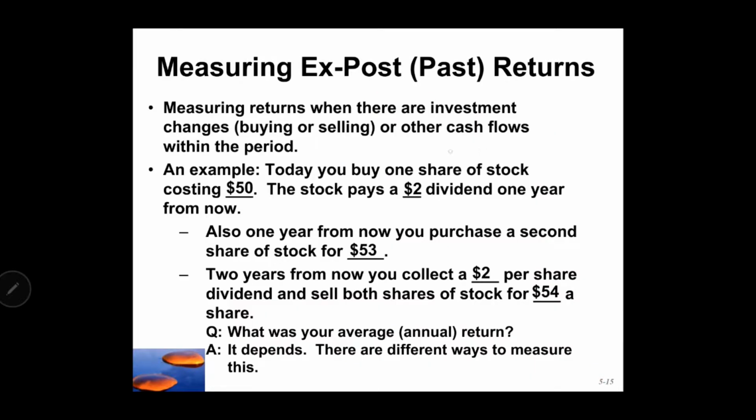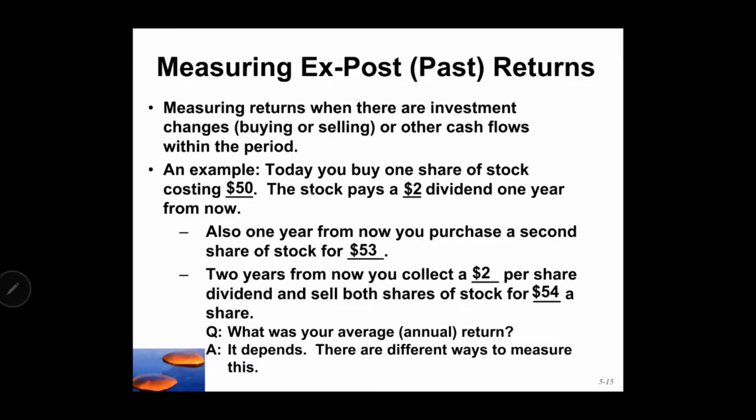Measuring returns when there are investment changes or other cash flows within the period. In the previous examples, we were assuming that the returns were coming at different points of time without consideration of the dividends. But suppose you are also receiving dividends, so you need to account for this.